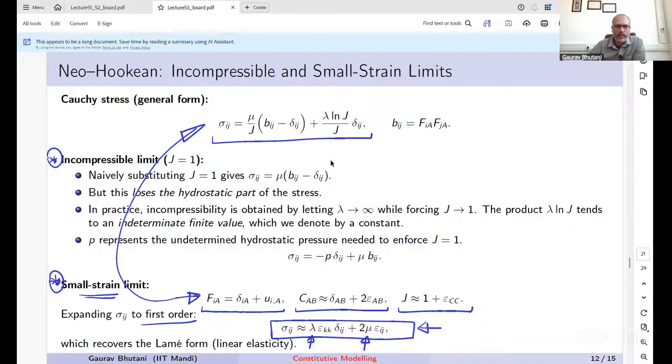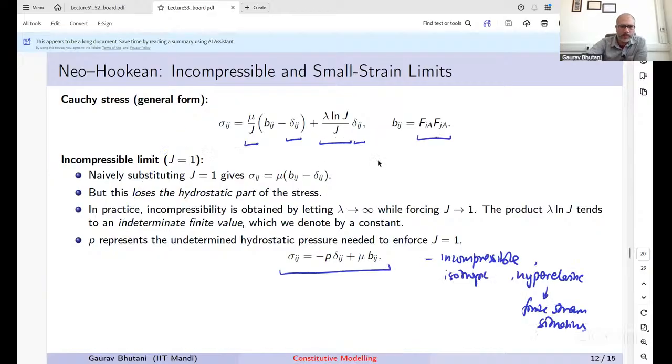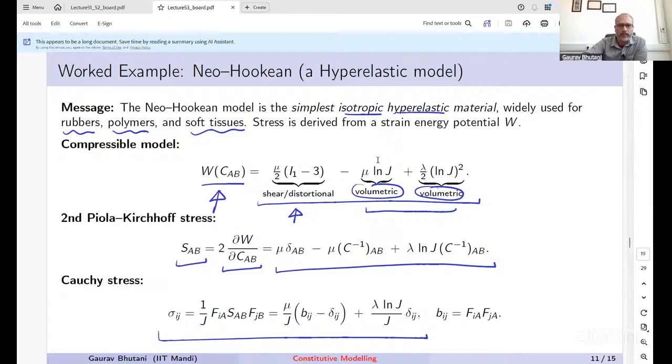So if I just go back, what we started with is for a hyperelastic model, that was the constitutive model. So this was for an isotropic hyperelastic material, the Neo-Hookean model.